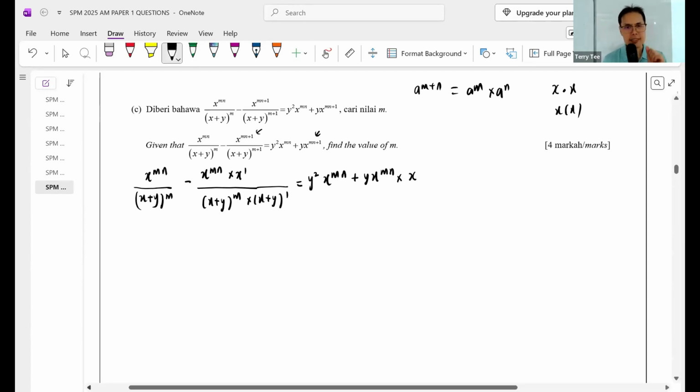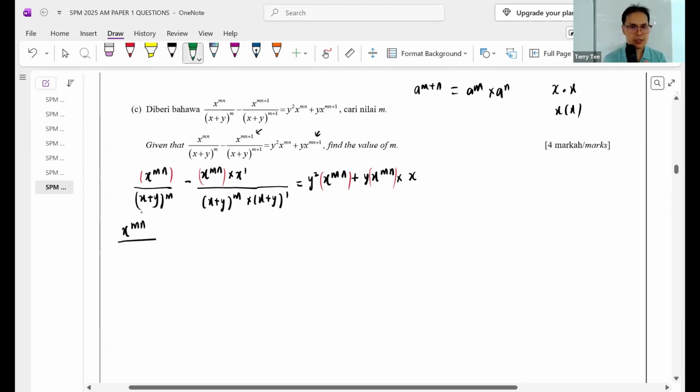Now next I would want to factorize. Before I cancel, it's better to take out common factor. Now, notice that the one on top here, sorry, let me use a different color. I have this and this. Notice that? So I will take out x power mn here.